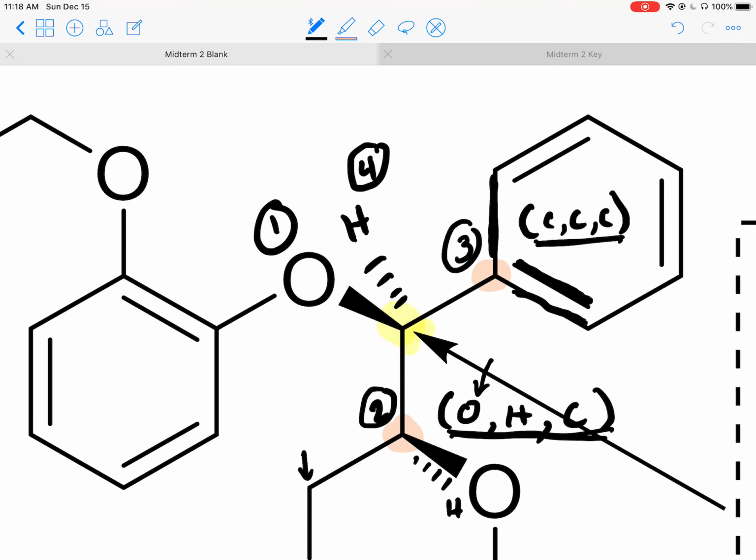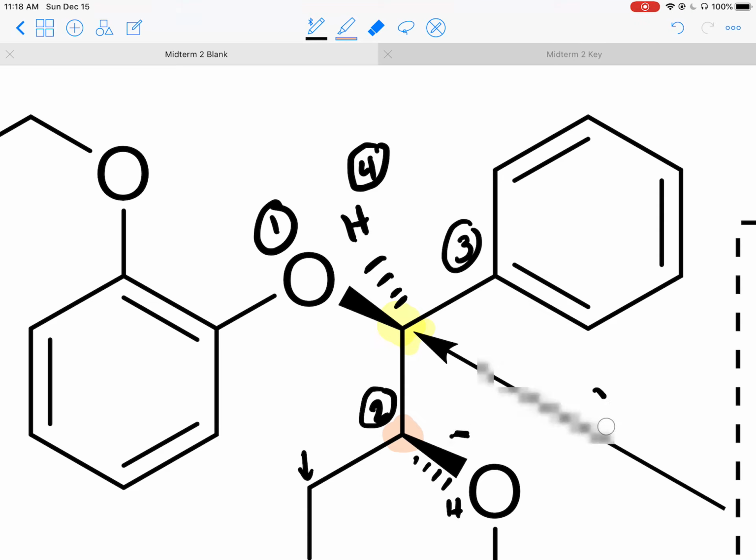So now we've decided what each of the priorities are, so let's erase all the other information, because now we need to figure out whether it's R or S as a configuration. We don't need this hydrogen here. We just need to know which one's 1 through 4.